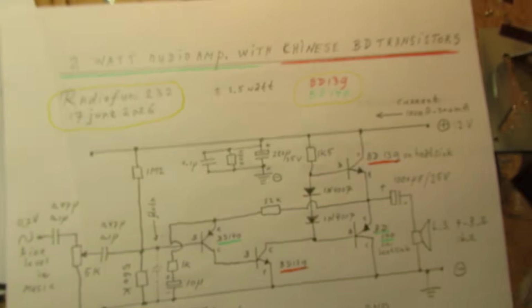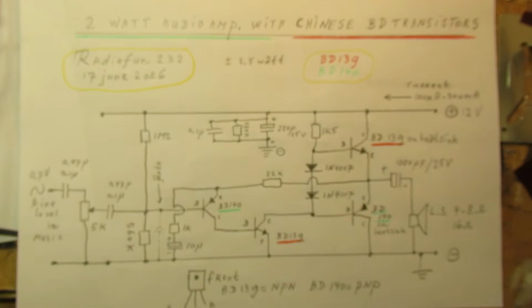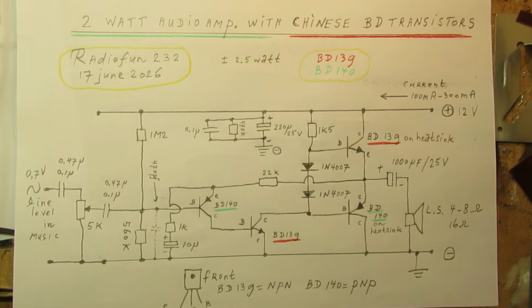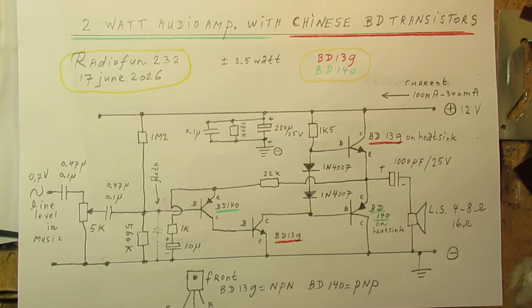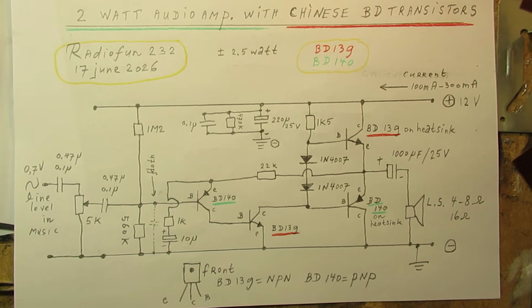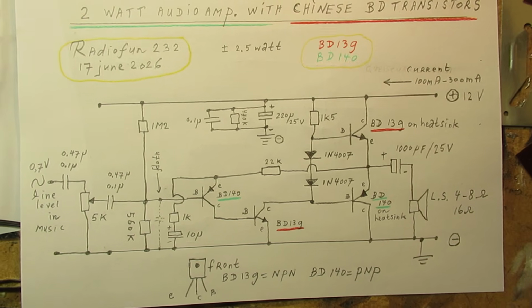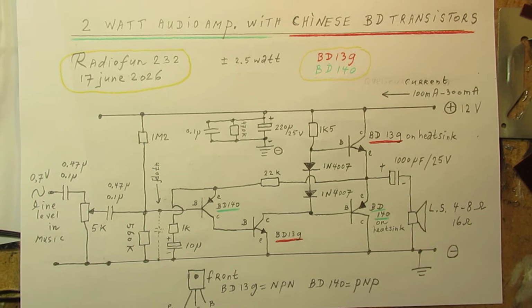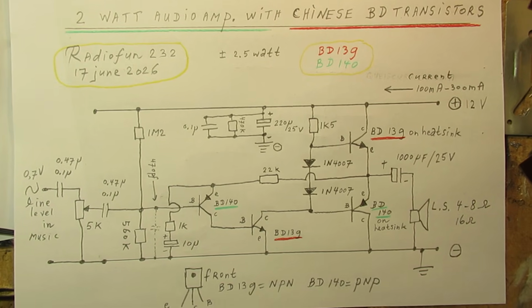So, this is the schematic finally, after many hours of experiments. It looks the same as my earlier schematics of the same audio amp. But there are differences. They are tiny, by the way, but very important.